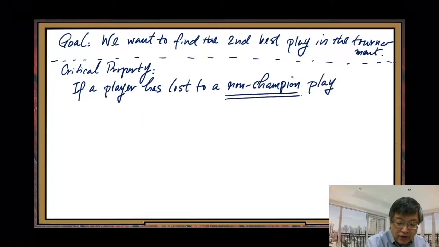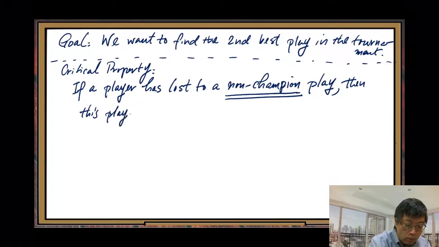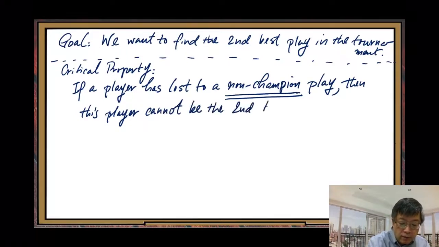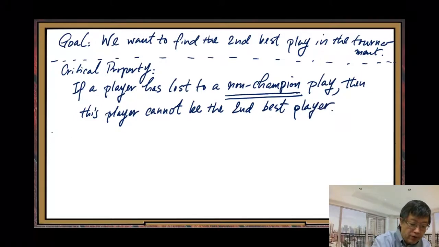Non-champion player. If a player has lost to a non-champion player, then this player cannot be the second best player. How about that? Can you see it? Then this player cannot be the second best player.